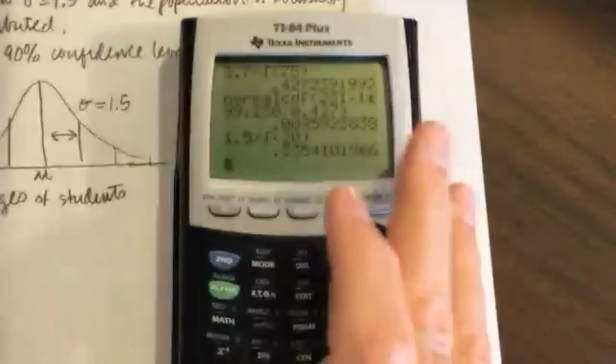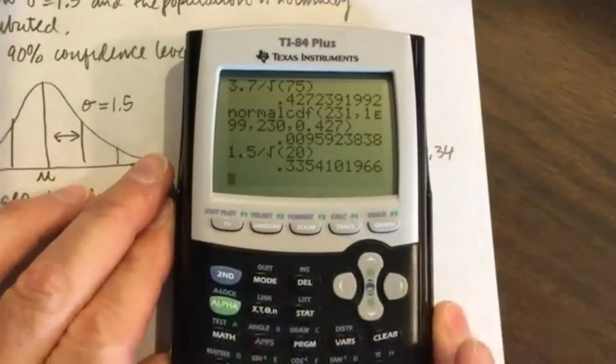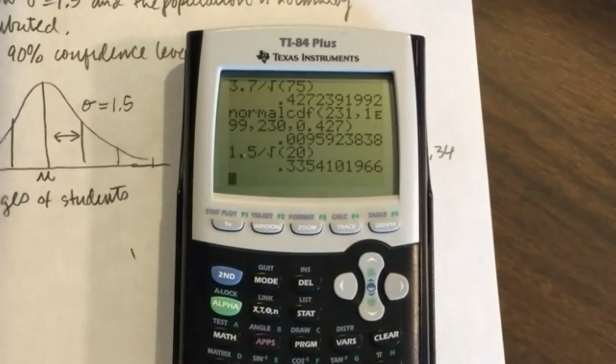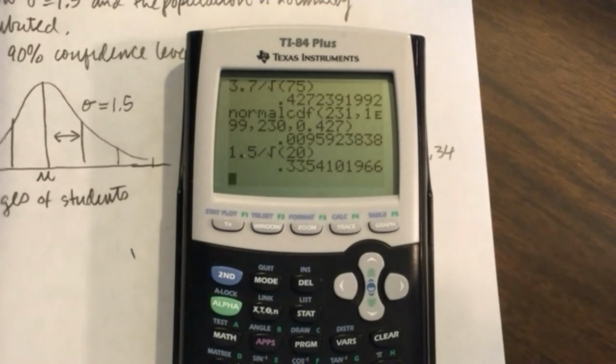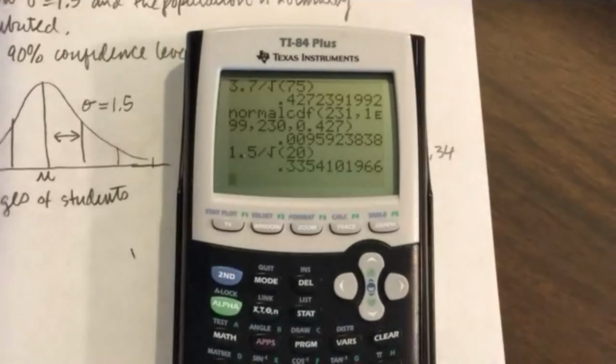And so on your TI-84, the TI-84 only gives areas to the left. So if I want a 90% confidence interval, I want 90% in between two values. That'll leave 5% below and 5% too high.